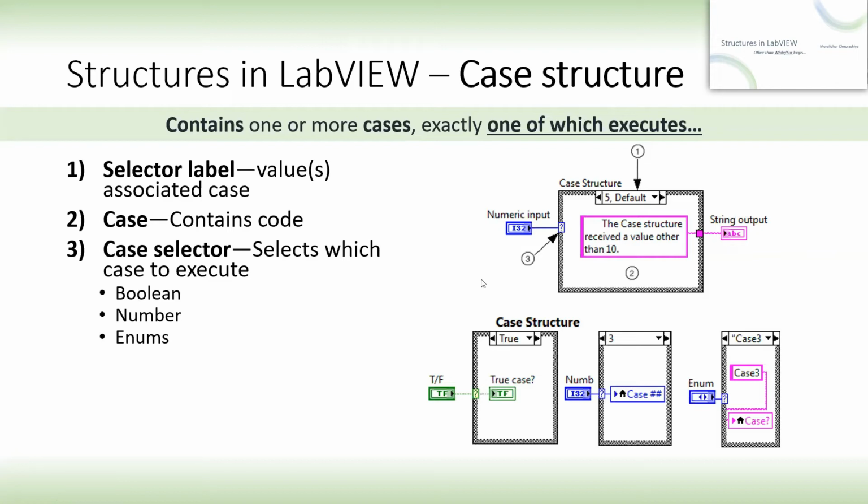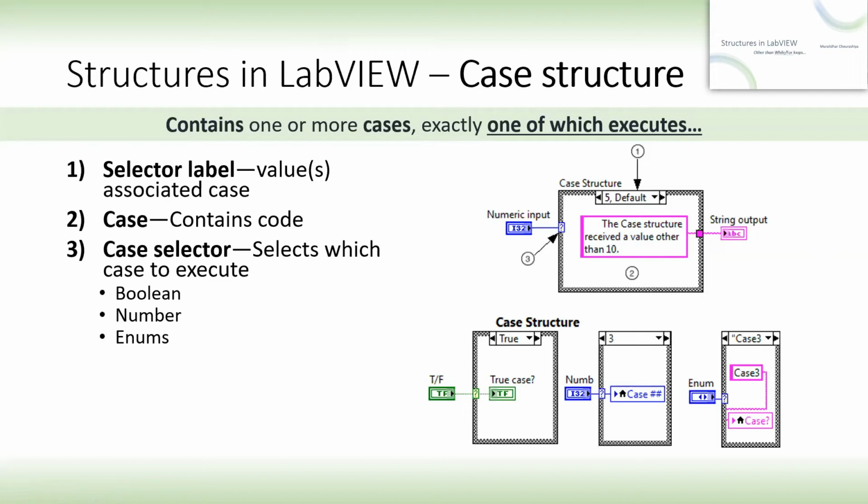This case structure has many cases inside, but only one case will execute because of this selection. Even if there are five cases, if I select only case number 3, whatever the code is in case number 3 will execute only, not the other cases.